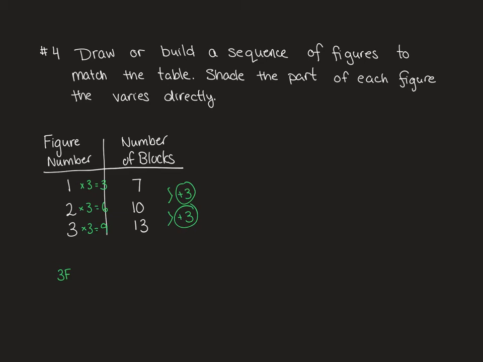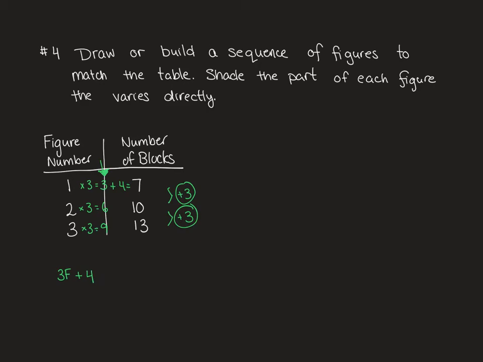We still need one more step to take us from our multiplication to the number of blocks. So this final step, if the number you're looking for is bigger, you're going to add or subtract. So we know that we would need to add to get up to 7, and we would need to add 4.